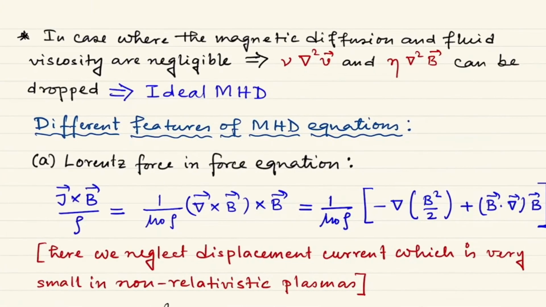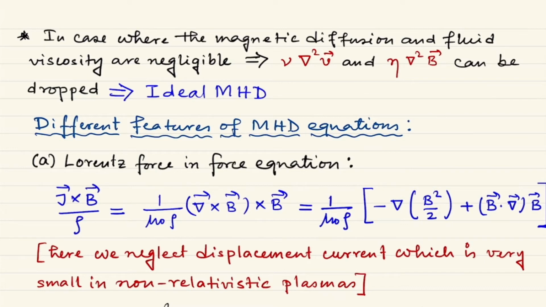So with these equations we can start studying the different properties of MHD equations. Just before that, let me point out one thing. Where the magnetic diffusivity term, that term with eta, and the fluid viscosity term are negligible, that is, eta Laplacian B and nu Laplacian V can be ignored, we then talk of the regime known as ideal magnetohydrodynamics.